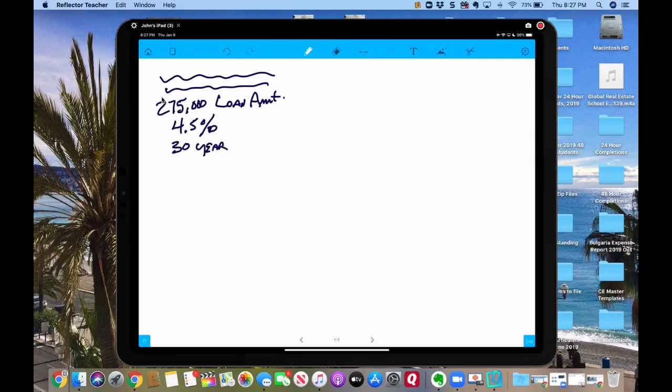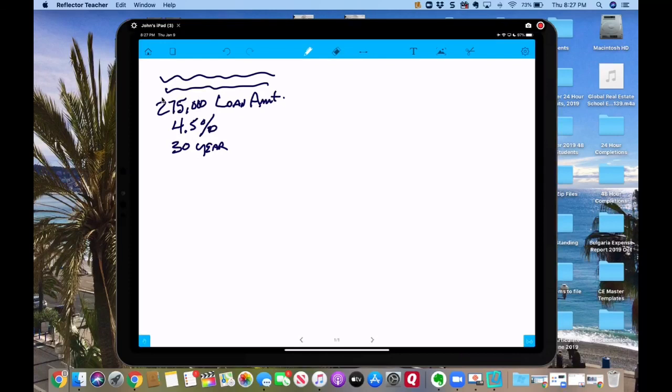Now, the other thing, I'm going to calculate this for us here. Where did my calculator go? It's right behind my iPad. So they're $275,000 and 4.5% interest for 30 years is a payment.